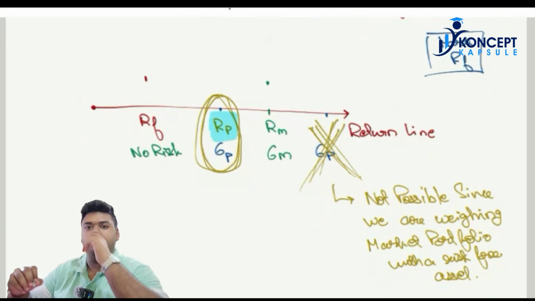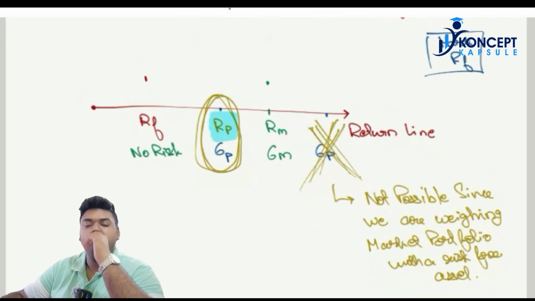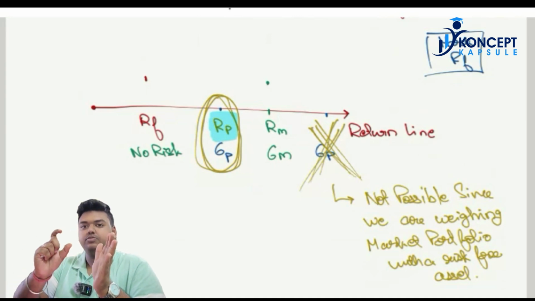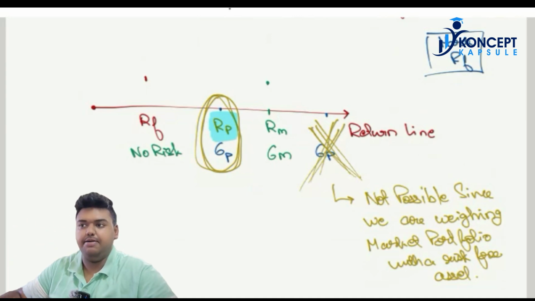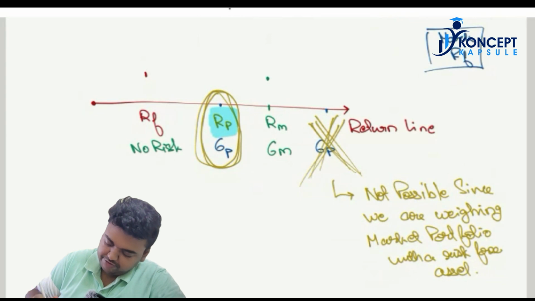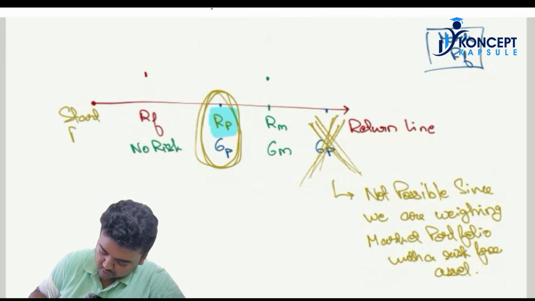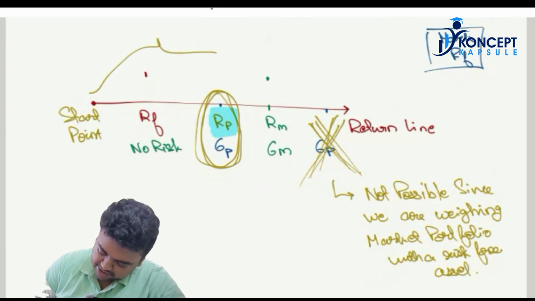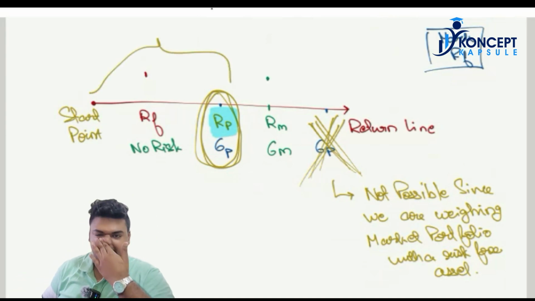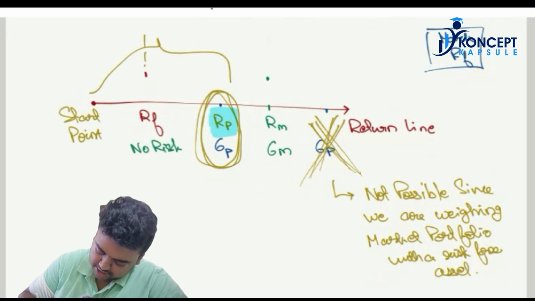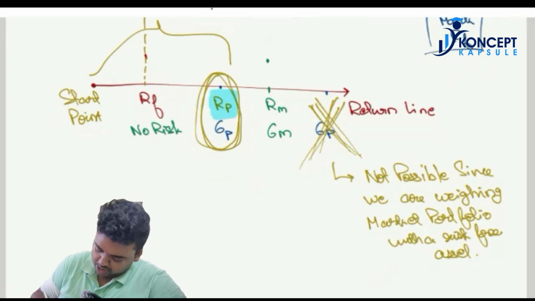Now, how do we calculate it? What is a formula to calculate it? See, what we are doing is a simple unitary method that we are applying. Okay, if we start from here, if this is the start point, in order to arrive at the return of the portfolio, we will have to cross the risk-free return. So RP will always be greater than RF.